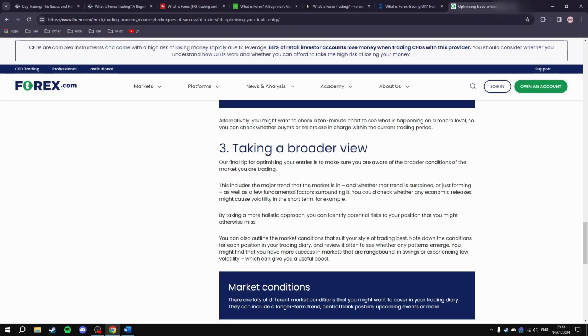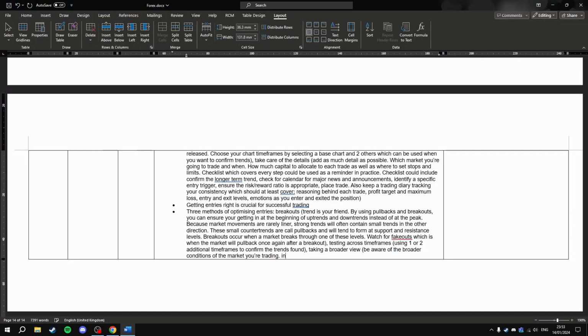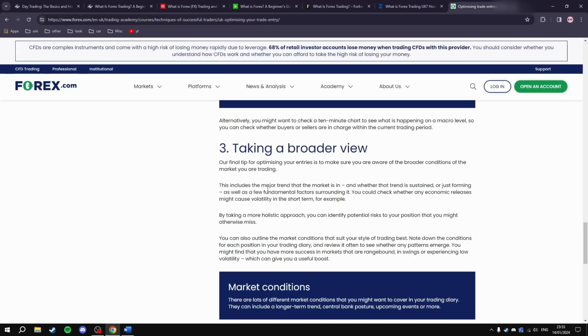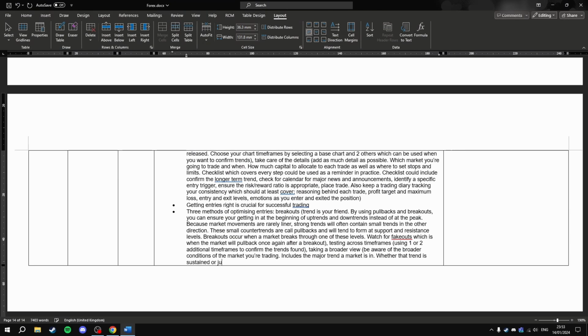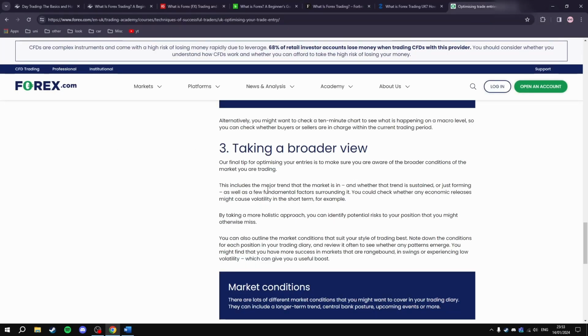This includes the major trend that the market is in, and whether that trend is sustained or just forming, as well as a few fundamental factors surrounding it.